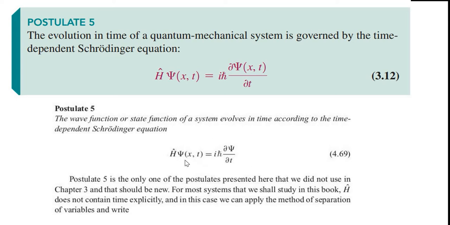So psi is a function of both variables, but can we take it as a product of two separate functions, one of x and another of t? That means, can we separate the function as a product of two individual single variable functions? That is what we call the technique of separation of variables. So let us try that. We are taking the product of two functions, so this psi and this psi look different.